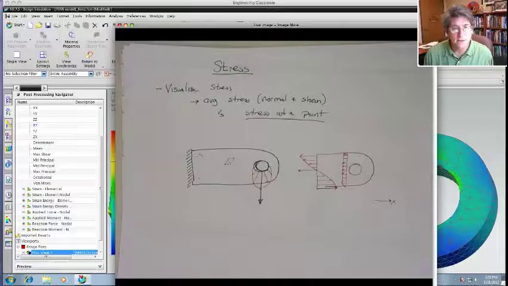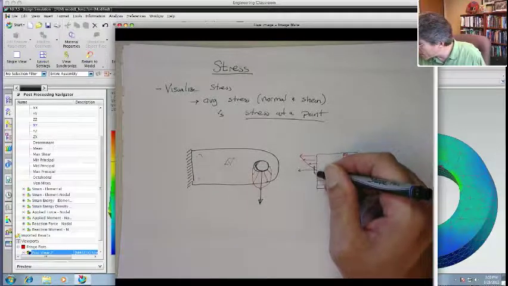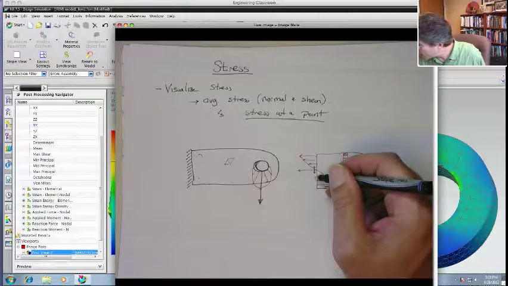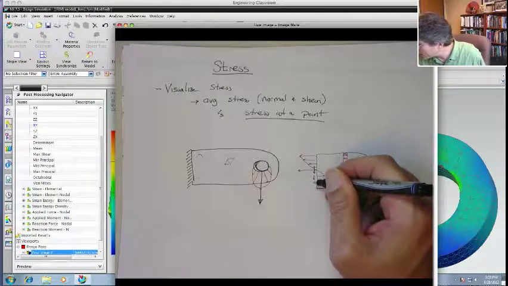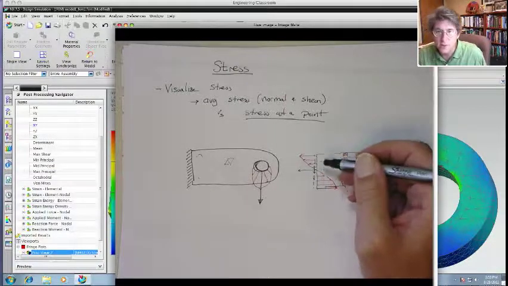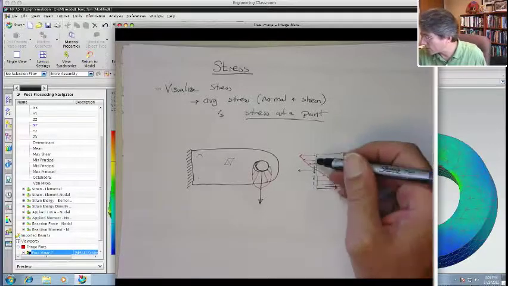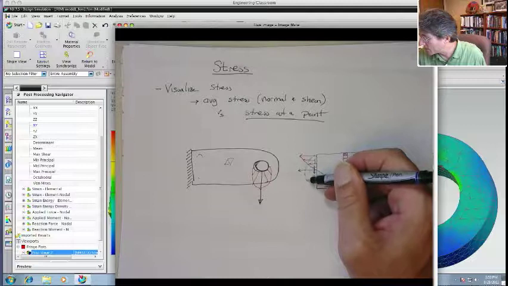So let me draw that. It's biggest in the middle, and then they get smaller as you go out, and they get almost close to 0. So it has this distribution, biggest in the middle, and goes to 0 at the ends. If you were to plot it, it would look something like that.